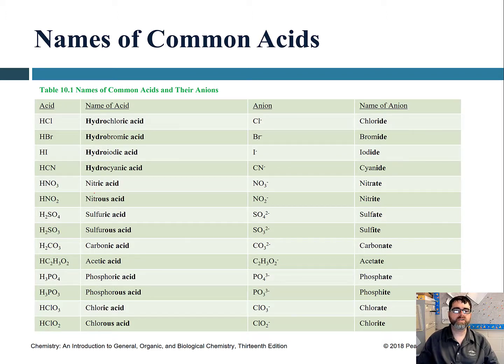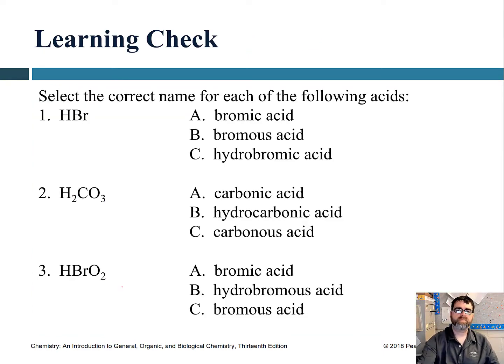This is also, of course, in your textbook, but I will point out here that all of the ones made up of two pieces or cyanide start out hydro, "ic" acid. All the others have a polyatomic ion, and so that suffix on the polyatomic ion over here is what gives us the suffix either "ous" or "ic" acids there.